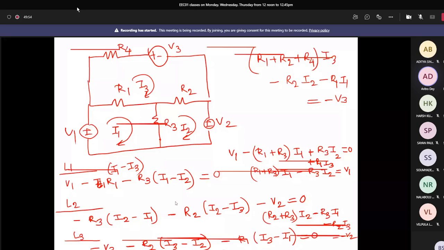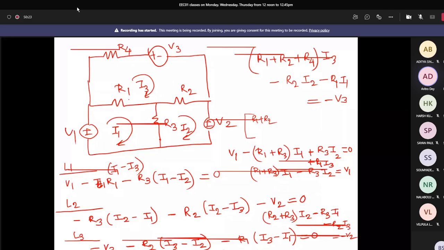Okay. So what is the matrix approach? We can directly write the resistance matrix from here, or the impedance as we'll call it in future. For loop 1, the resistors connected are R1 and R2, so R1 plus R2 is connected with I1.